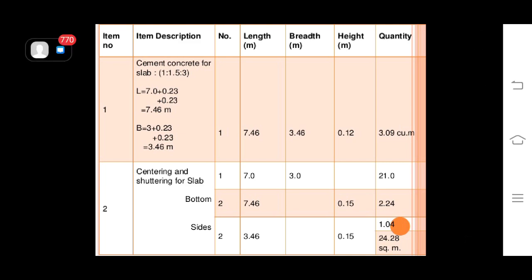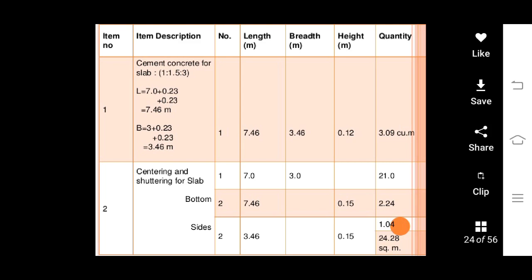Centering or shuttering of slab. For centering or shuttering of slab, there are three items. One is bottom, second is top, and third is sides. For top, the length is 7 meter and breadth is 3 meter.